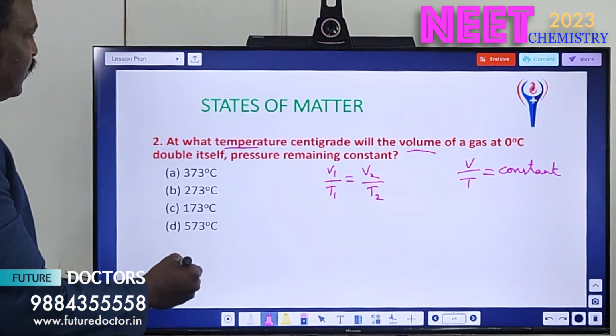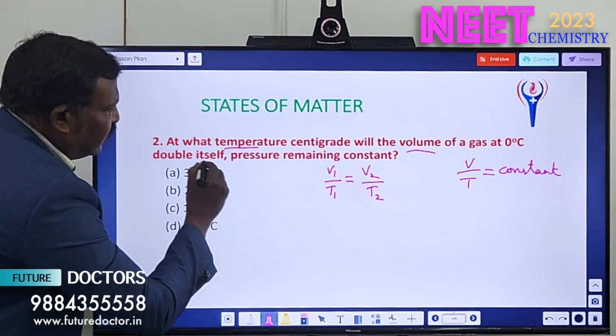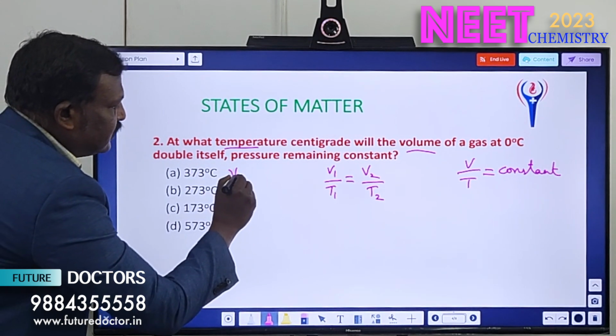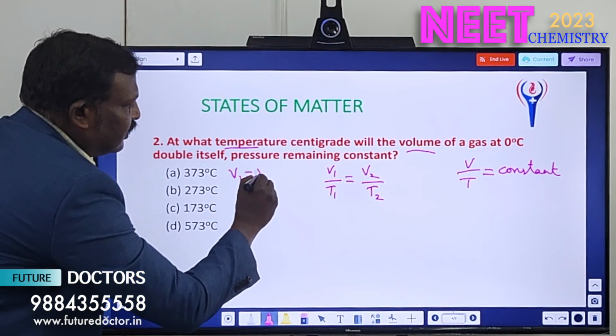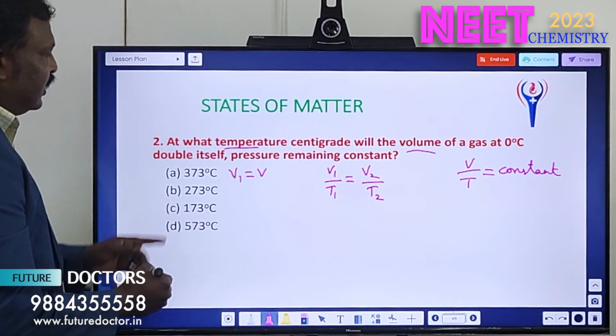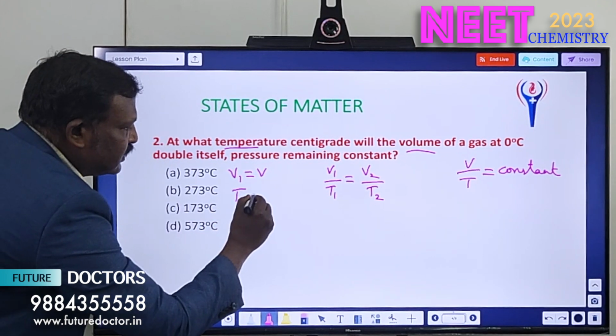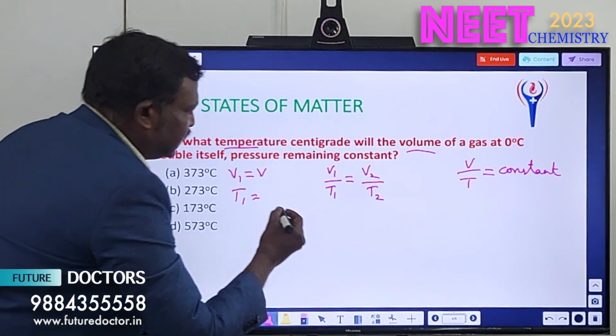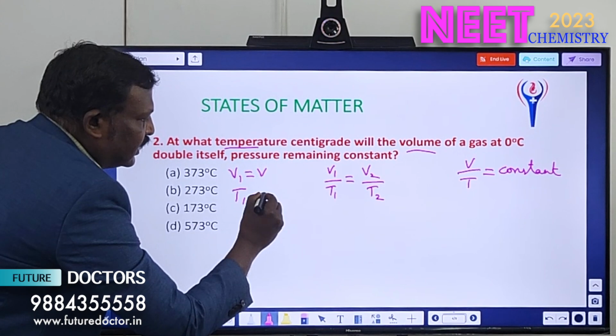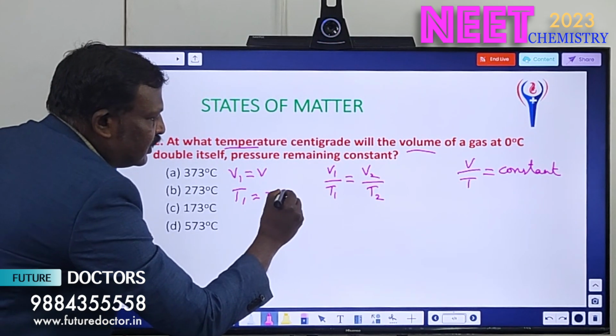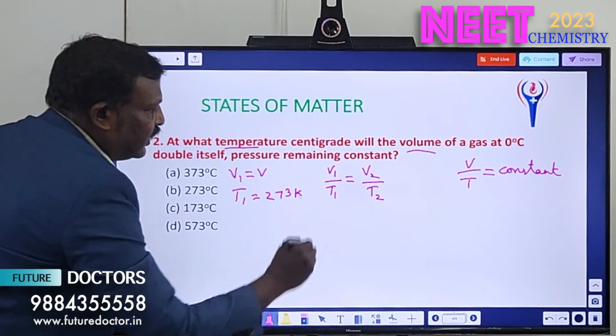Suppose V1 we consider as V. Then when V1 is V, the temperature is 0 degrees Celsius, which I consider as 273 Kelvin. Are you following?